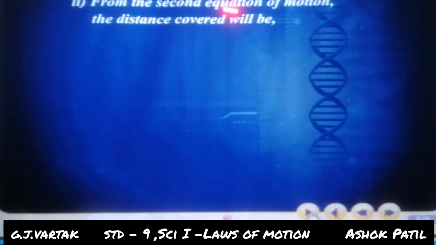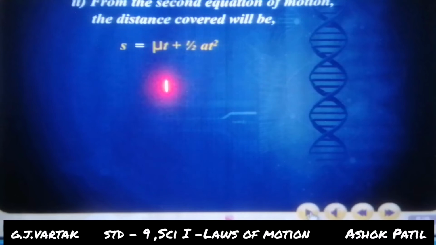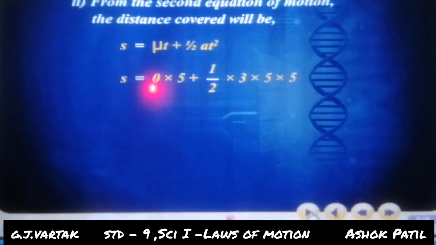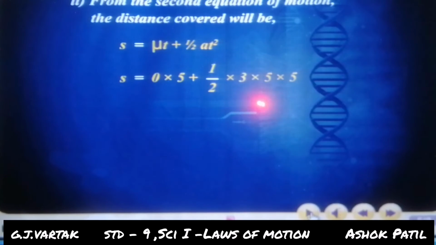From the second equation of motion, the distance covered will be s is equal to ut plus 1/2 at square. s is equal to 0 into 5 plus 1 upon 2 into 3 into 5 into 5, because t is 5 and a is 3. 0 into 5 is 0.